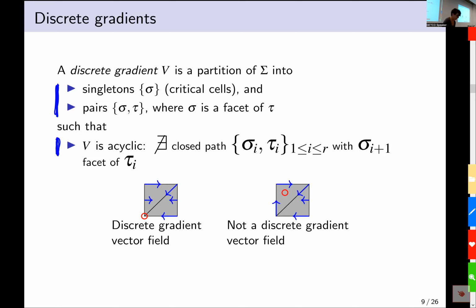On the left, we can see an example of a discrete gradient vector field. On the right, this is not a gradient vector field because we can form this closed cycle following the gradient. And the red circle denotes the critical cell.